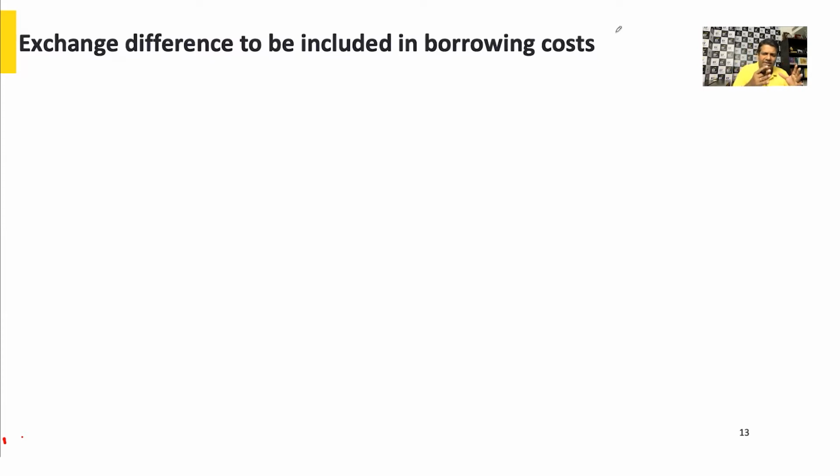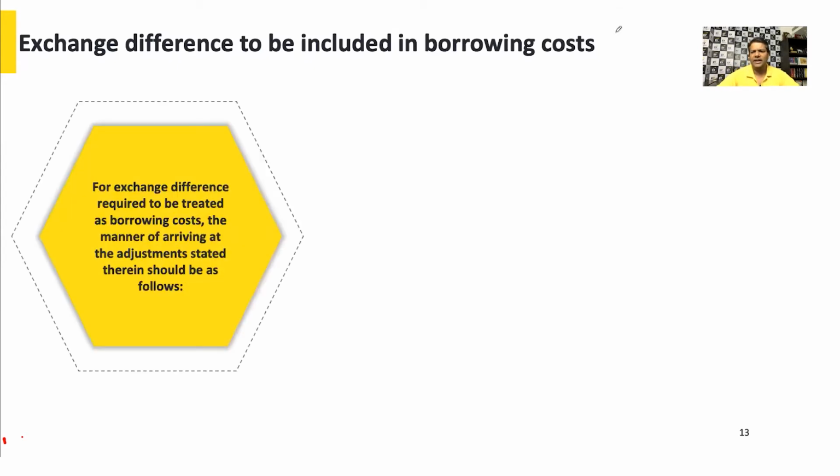However, if you have a currency loss, then that loss, to the extent of the interest which you have saved on your foreign currency borrowing compared to a domestic borrowing, is eligible for capitalization. And then there is some more complexity: if in one period you had a loss and in a subsequent period you had a gain, how do you deal with all of that is what we will try and understand.